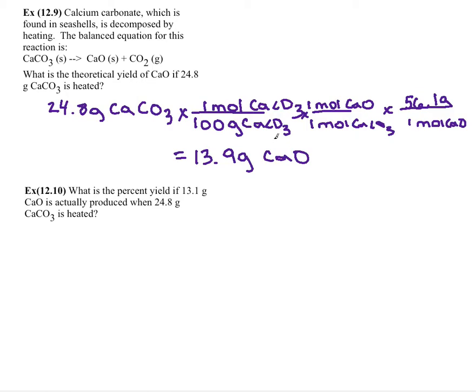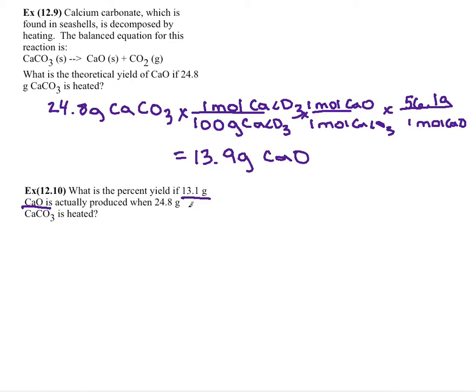Basically, your theoretical yield is ideally how many grams of CaO should be produced if you put into the reaction 24.8 grams. So what percent yield is looking at is, technically I was supposed to get 13.9 grams of CaO, but when I did the reaction itself, I only got 13.1 grams of CaO.